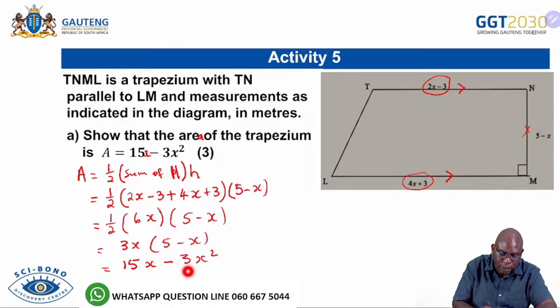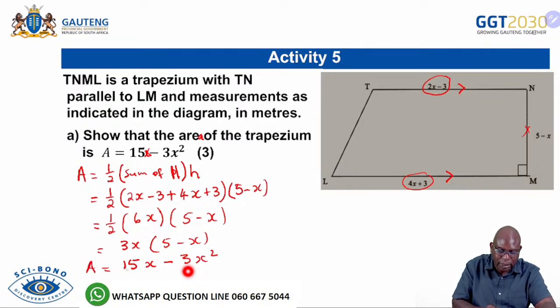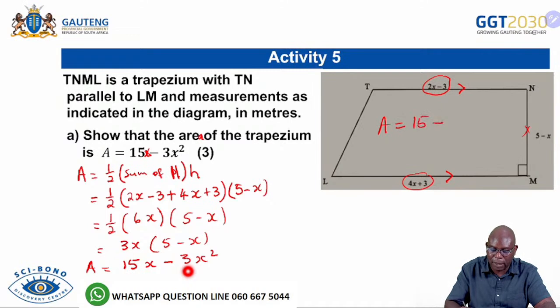So that is 15x, not that. Now we have 15x minus 3x squared, which is the area of that trapezium. So we've got the area of the trapezium, 15x minus 3x squared.